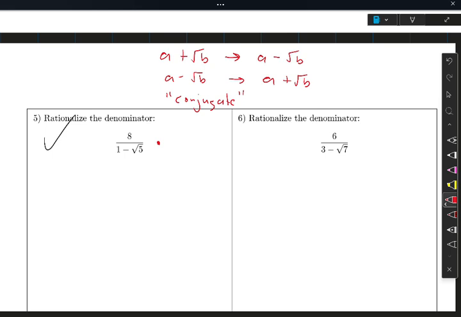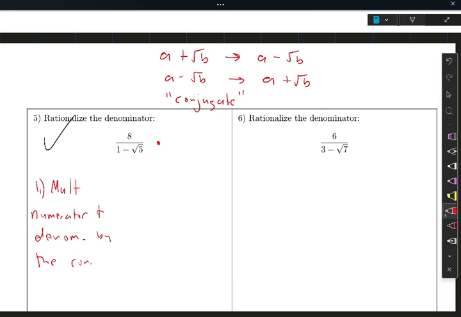So right here, we're going to multiply both the numerator and denominator by the conjugate. Now, don't forget, the reason we have to do the numerator also is because we're basically multiplying the fraction by 1.